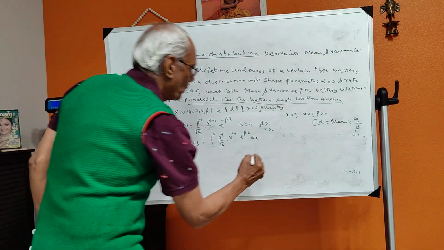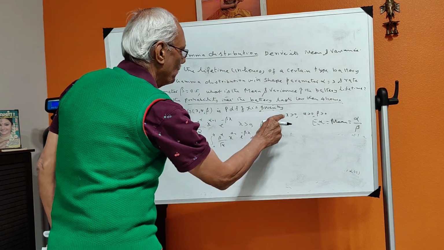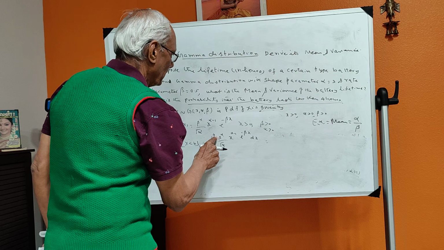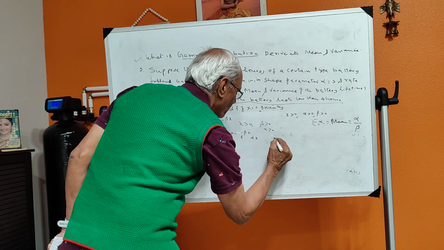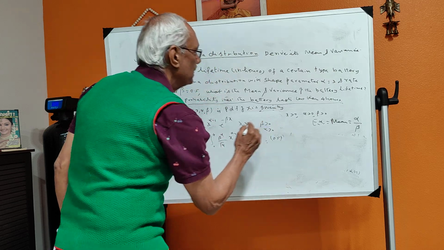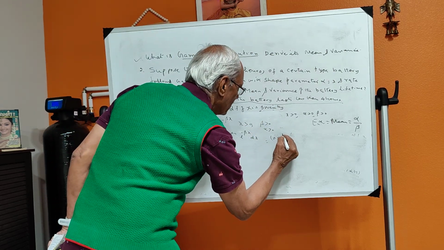So this is nothing but beta to the power of alpha. What is our beta here? Beta is 0.5, and alpha is equal to 3.